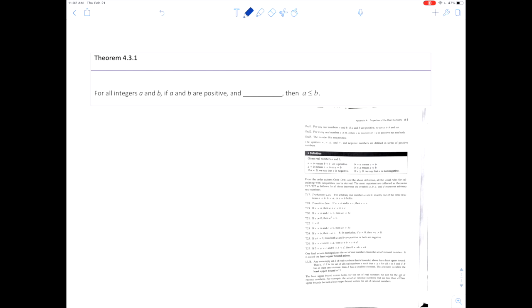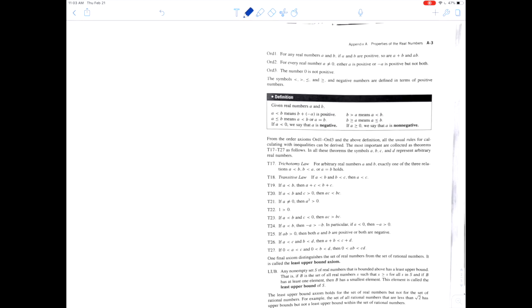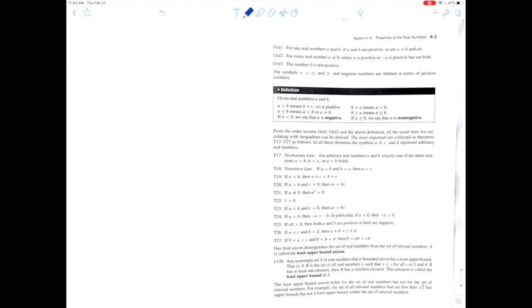For all integers a and b, if a and b are positive, and if a divides b, then a must be less than or equal to b. So again, in Appendix A, if you recall, all these things are assumptions, meaning we can assume they are true, have been proven.